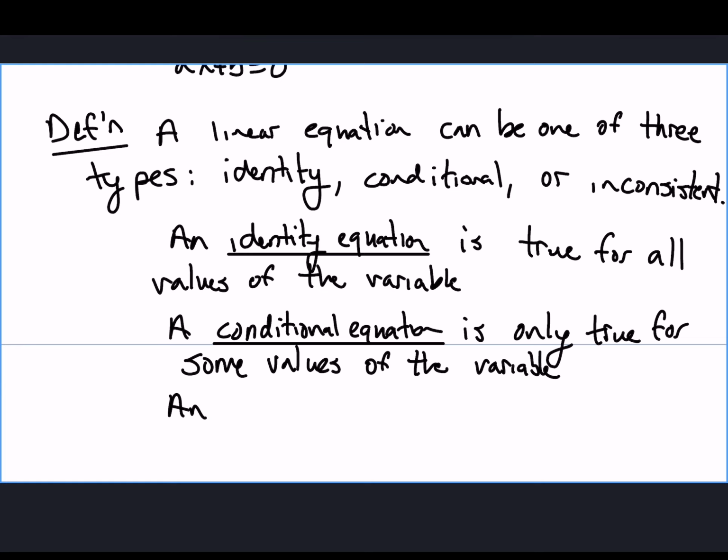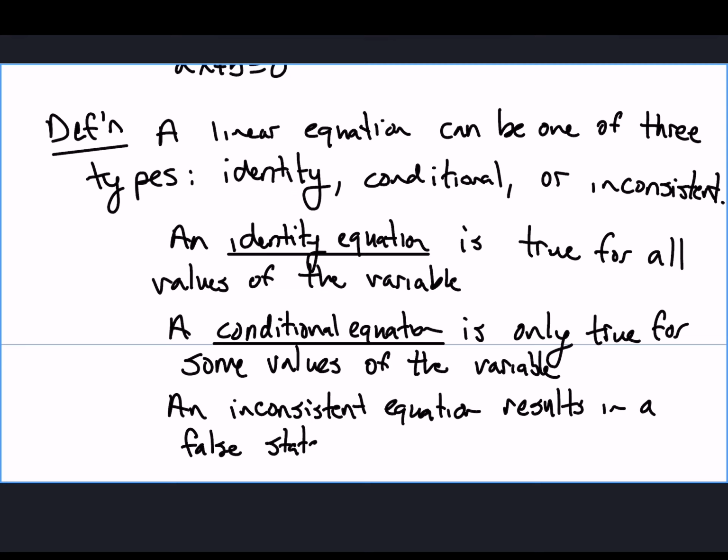And finally, an inconsistent equation results in a false statement.